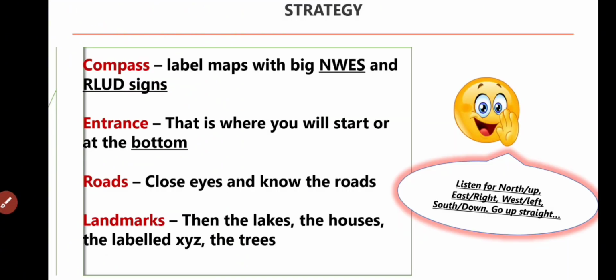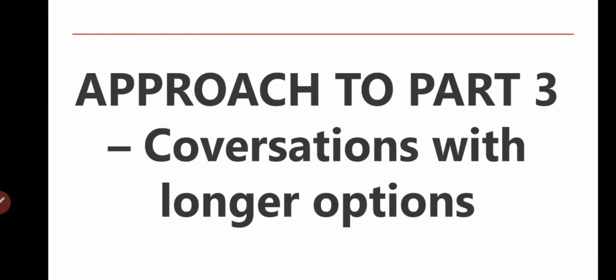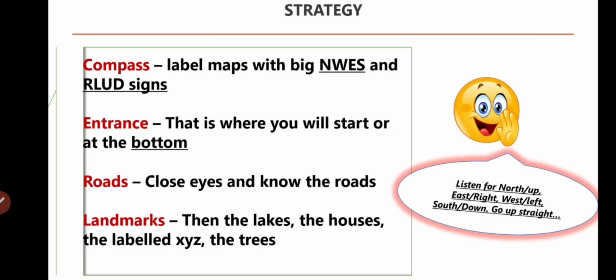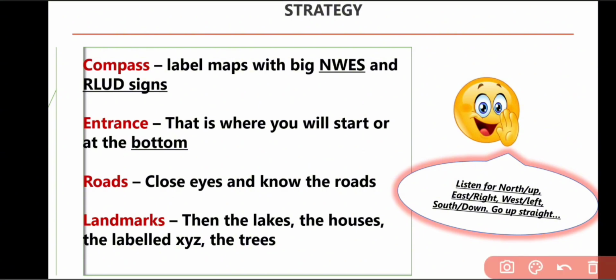Okay, so as a way of recapping the whole session, I would say that you should first of all start with what? Start with your compass, label maps with your big north, west, east, and south, and your arrow.